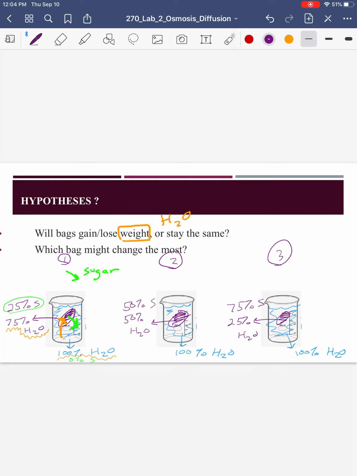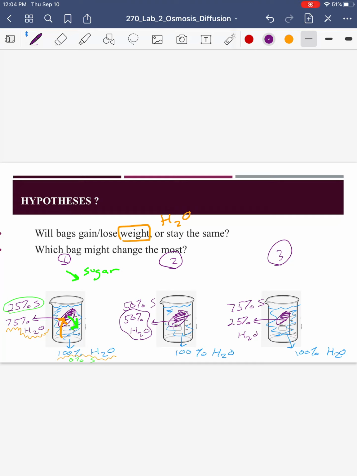Yeah, it's going to gain weight. All right, so I've outlined how you look at this, and I've given you an example for bag number 1. That bag will gain weight because water will diffuse from higher concentrations outside the bag to lower concentrations inside the bag. I'm going to let you do the same thing for the remaining 2.